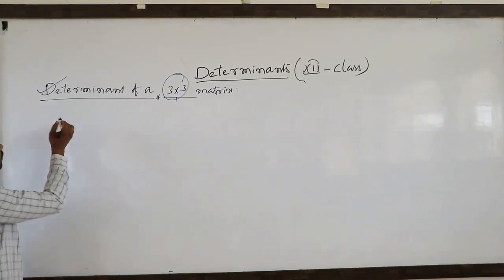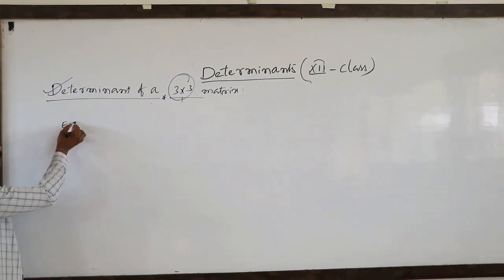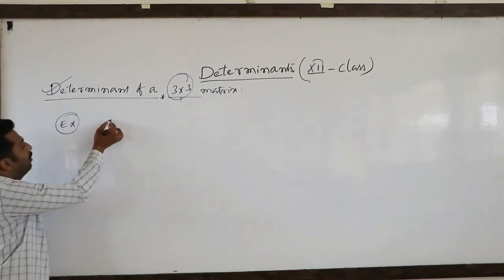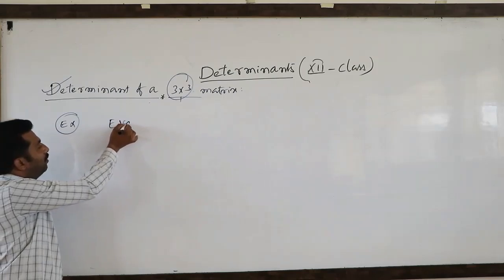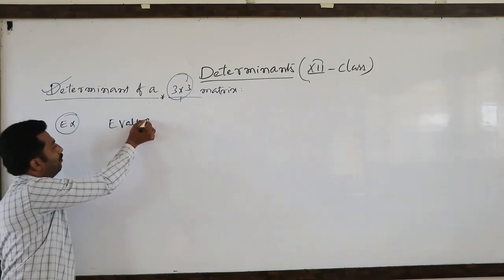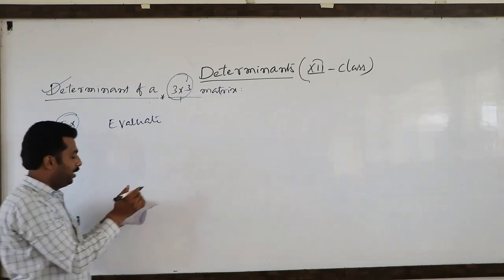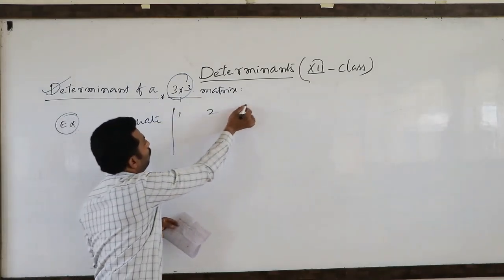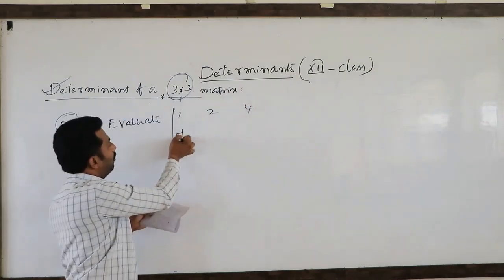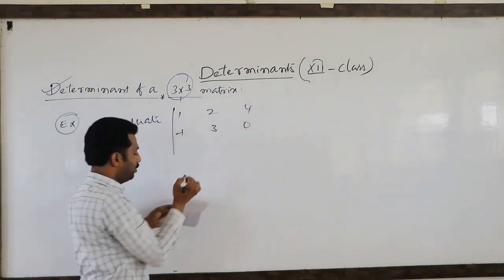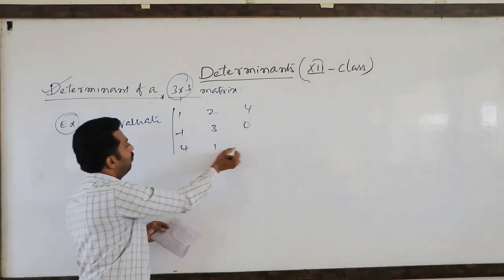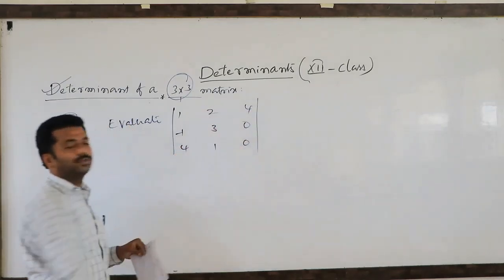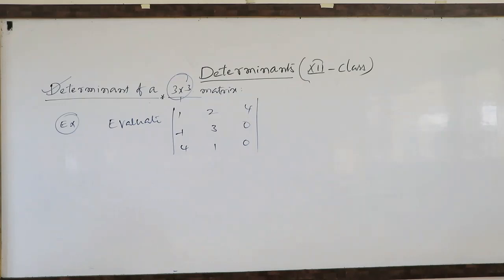Evaluate the determinant of 1, 2, 4; minus 1, 3, 0; 4, 1, 0. Now you observe, sir, which row or which column is better or best to choose?